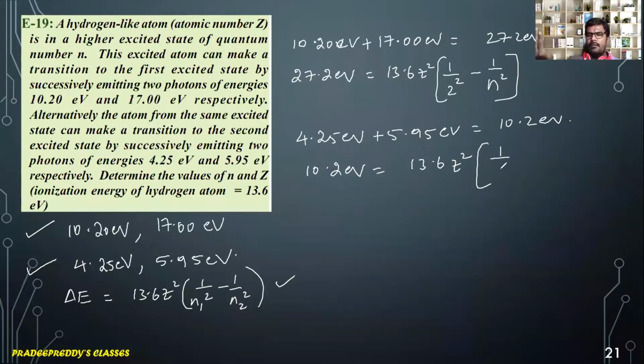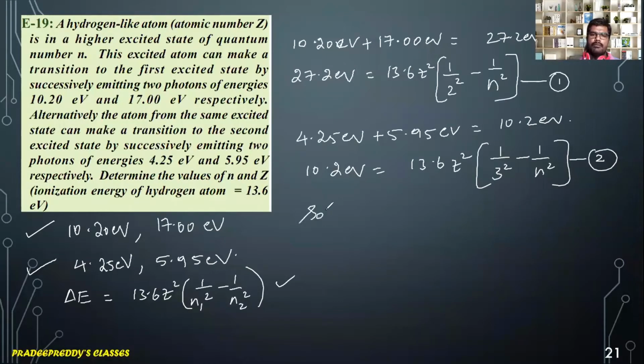From a higher level, it is entering the state n equal to 2, and the next level will be n equal to 3, so that will be 1 by 3 square minus 1 by n square. Okay, now you can solve these expressions. This is number 1 and this is number 2.